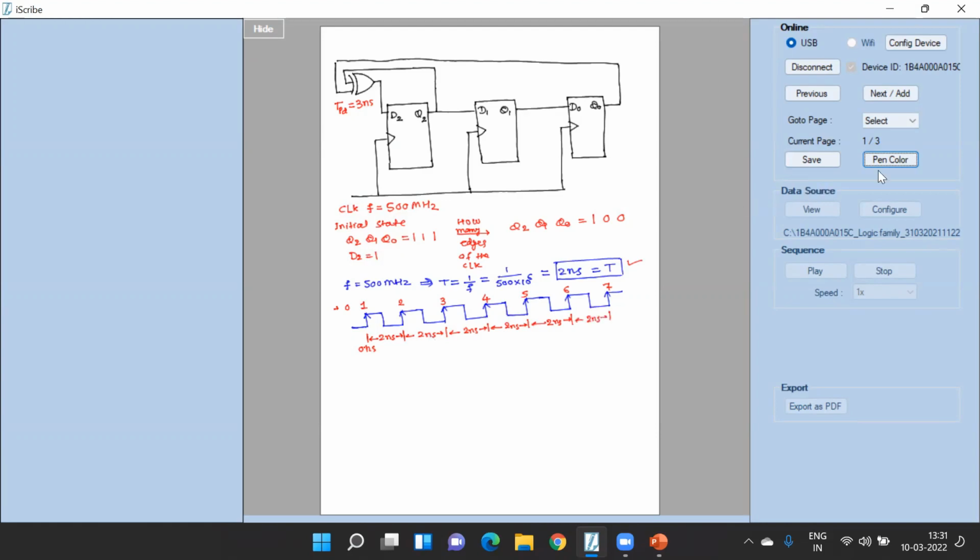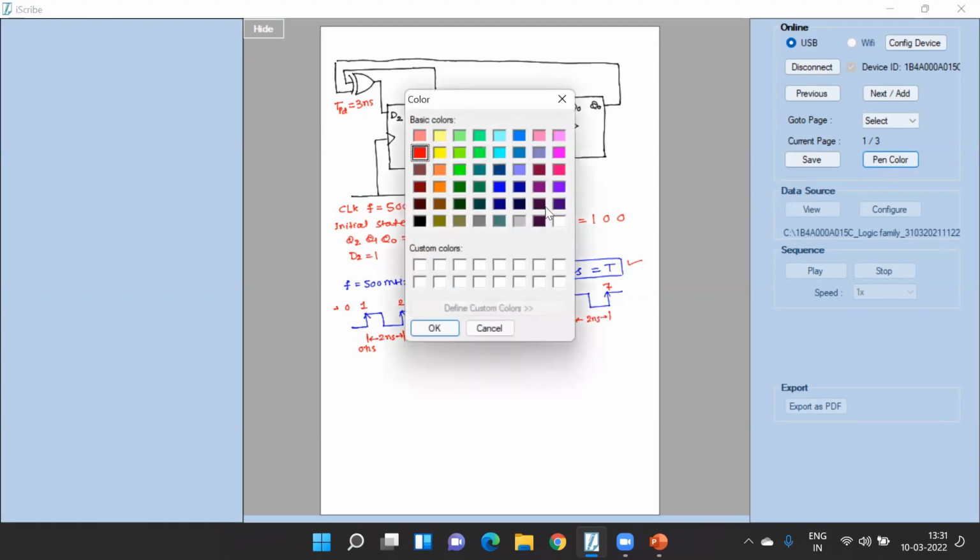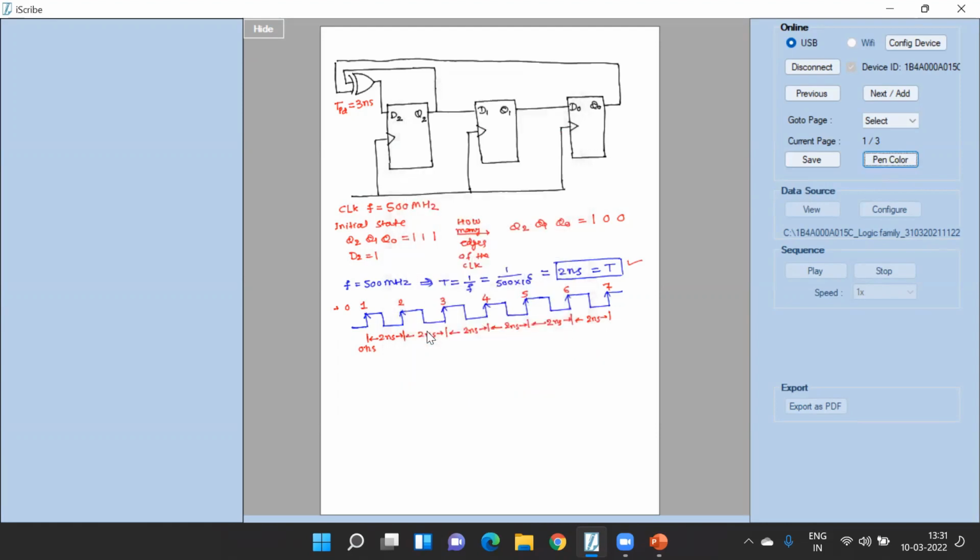Now let's draw the table and make a count so that we can identify after how many clock pulses I get my outputs at a state of 1, 0, 0. Let's take the clock first. Then I have to find D2, because what inputs it gives depends on it.